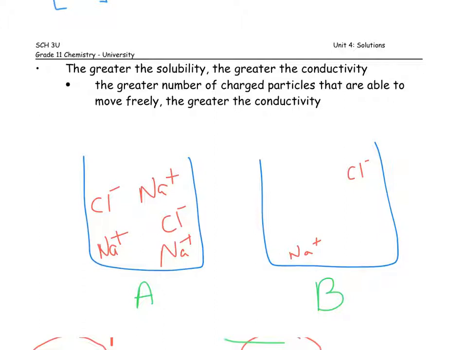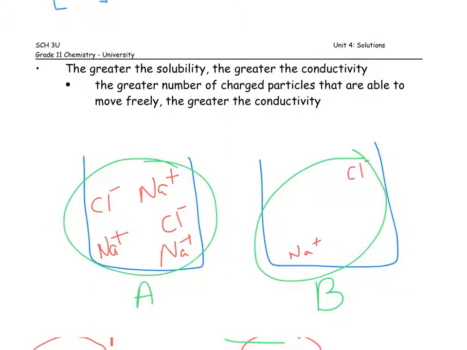If I'm trying to conduct in solution, and there are lots and lots of moving particles that can carry charge, that's going to allow my circuit to work a whole lot better. It's going to be much more conductive. As opposed to a solution with very few moving charges, it's not going to create a very strong current, and so the conductivity of solution B is going to be very, very low.